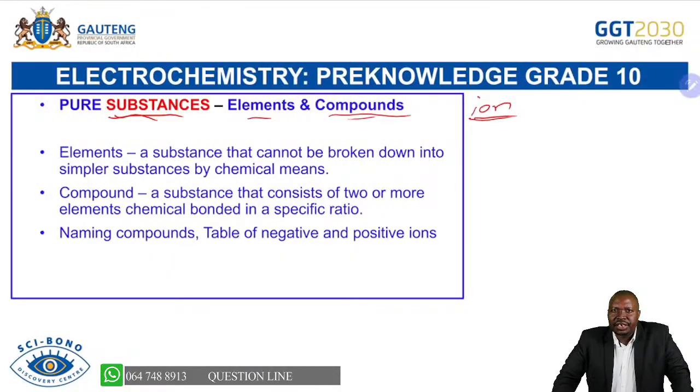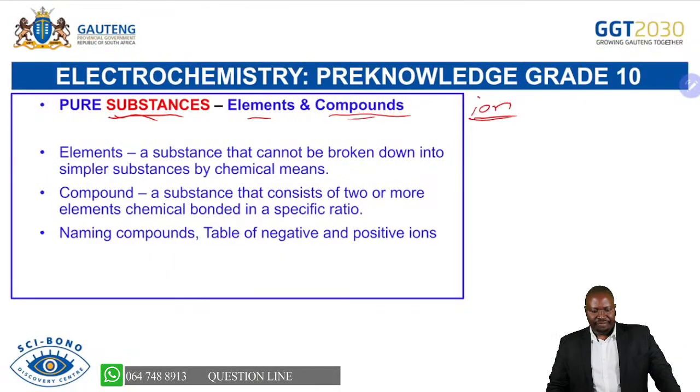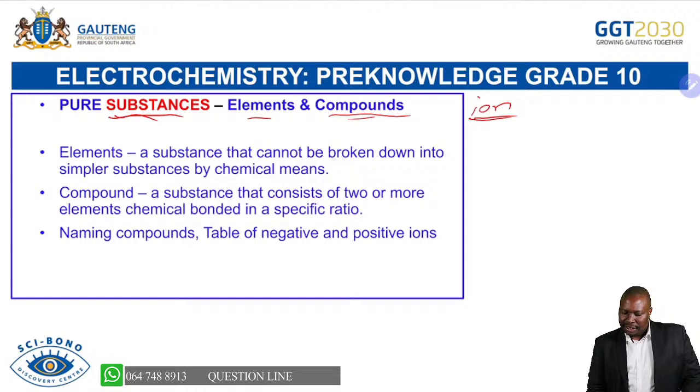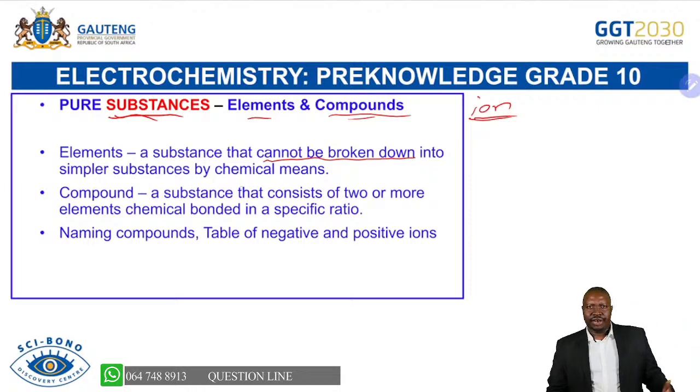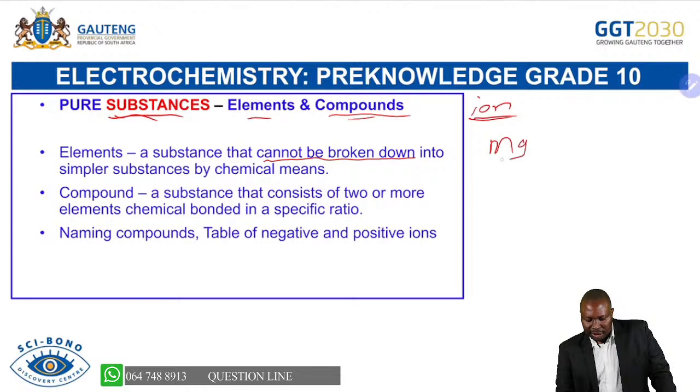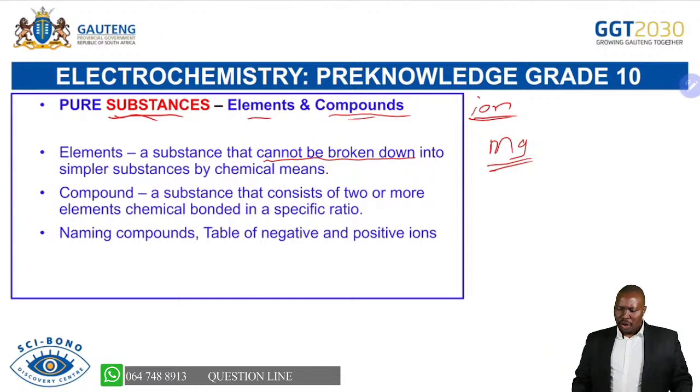Hence, we're starting with the grade 10 definition that defines an element as a substance that cannot be broken down into simpler substances by chemical means. For example, magnesium is an element because you can't break it down. However, when you say a compound, we're saying it's a substance that consists of two or more elements.